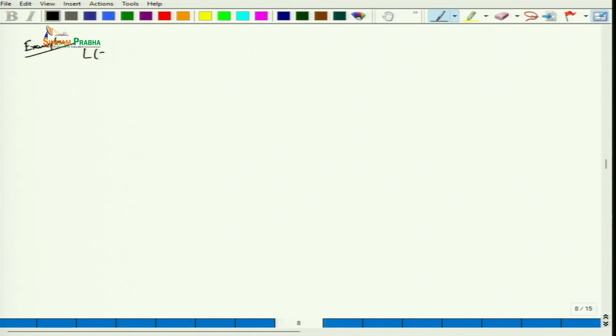Where L of S is basically 1 divided by S into (S plus 4) the whole square plus 16. If we draw the S plane, the first thing we will do is make a pole zero map.